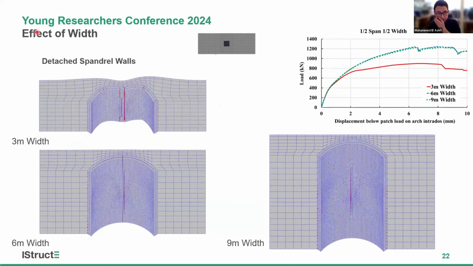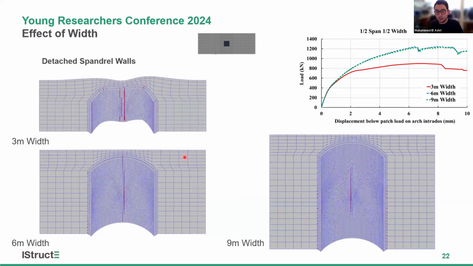The next aspect investigated in this study is the effect of the width of the arch barrel. In this, we investigated three widths: 3 meters, 6 meters, and 9 meters. We noticed that the load displacement response starts to converge between the 6 meter and 9 meter cases to match perfectly.